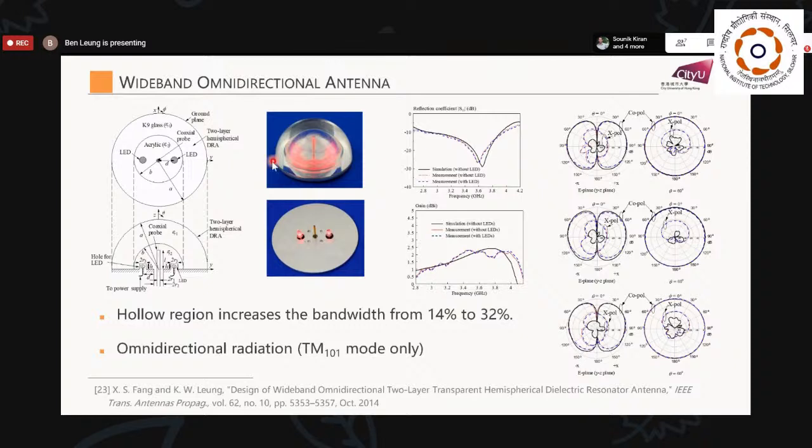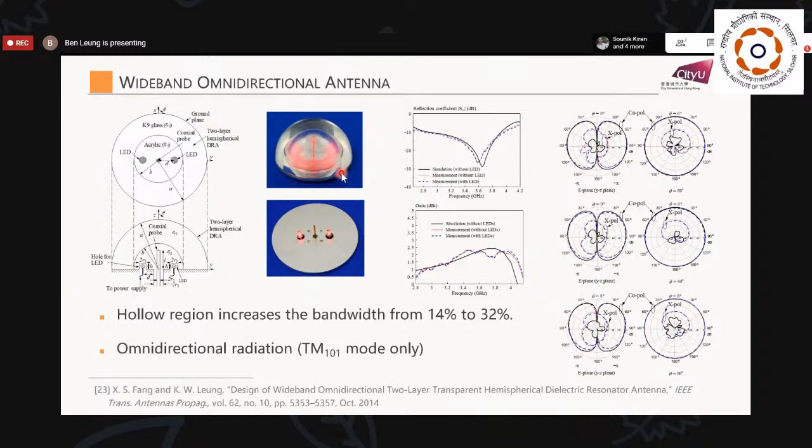The outer layer is glass, whereas the inner layer is acrylic plastic, which is transparent. For this transparent DRA, we insert 2 LEDs so that it can be used as a light source.